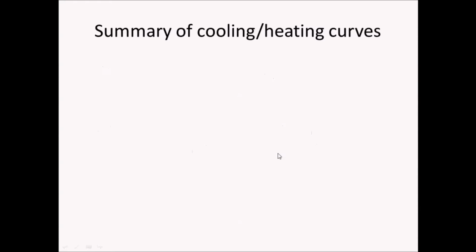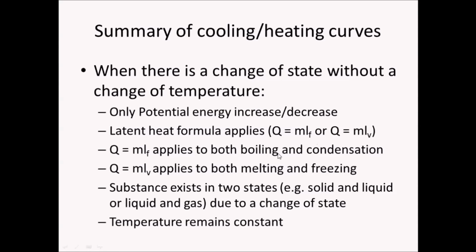Now the next thing is, when there's a change in state without a change in temperature, that means the horizontal portion of the graph, only potential energy increases or decreases. The latent heat formula is applied.